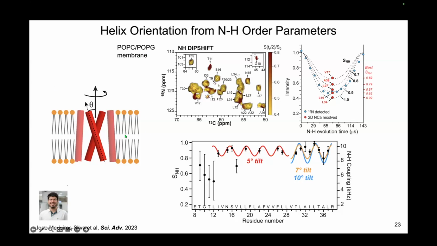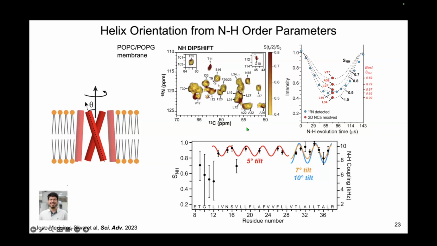And in that bilayer, we check to see if the helical bundle is undergoing uniaxial rotational diffusion. And if it is, then we can measure the motionally averaged NH dipolar coupling for every backbone amide group. And that backbone NH dipolar coupling under this rotational diffusion condition tells us about the helix orientation.